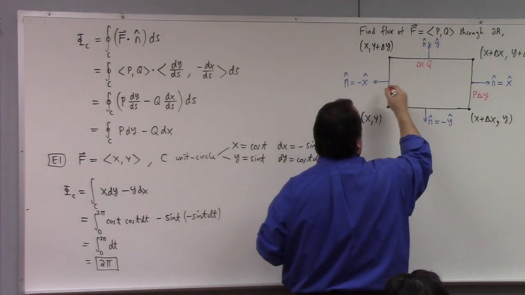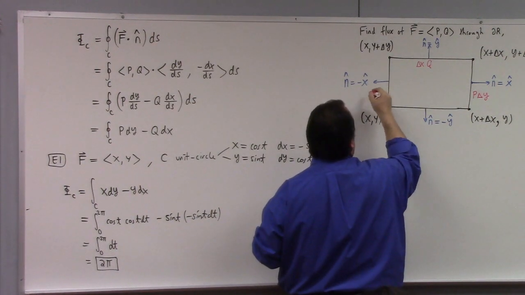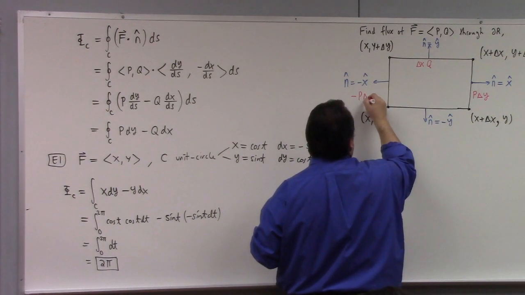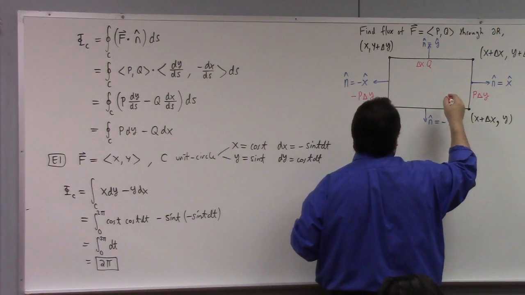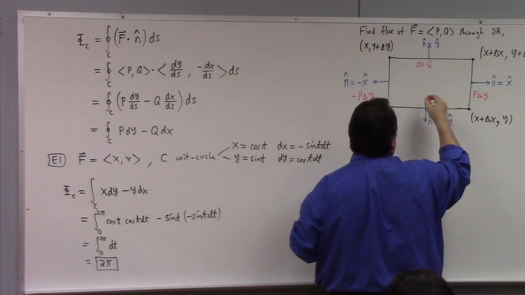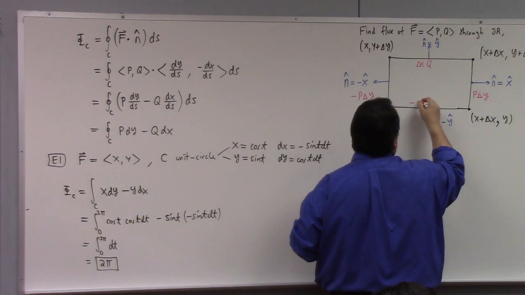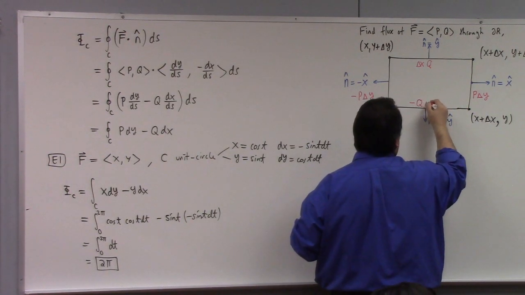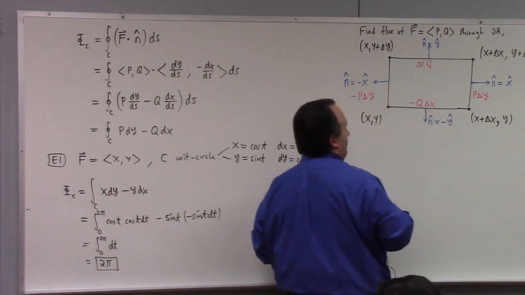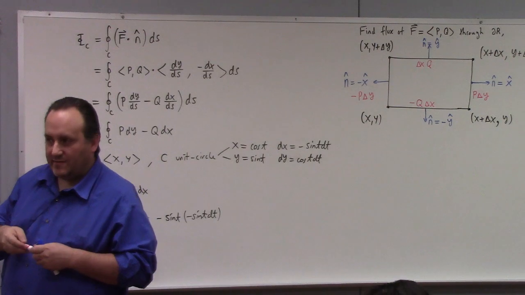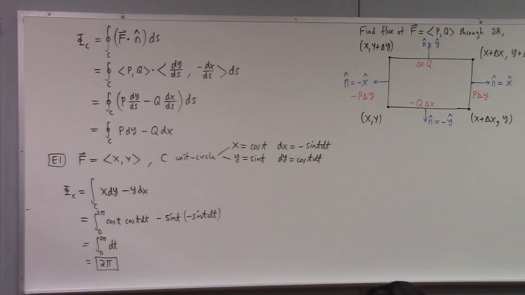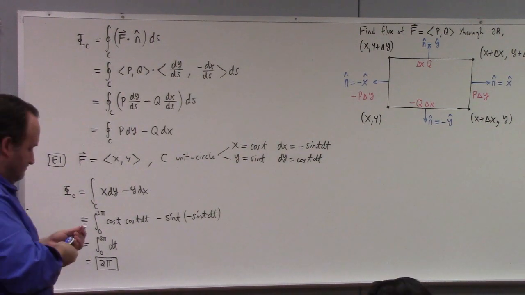This one we get minus p delta y here for this flux, and down here we're going to have minus q delta x. All right. And then if you just added those up, you'd think you got 0, right? Because why? I haven't yet appreciated the point dependence, right?